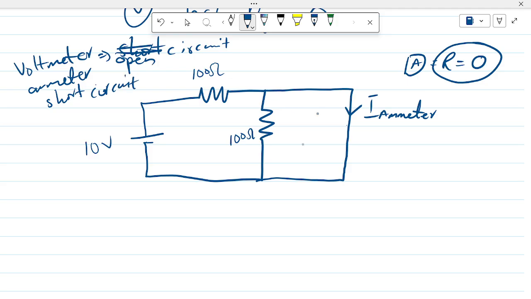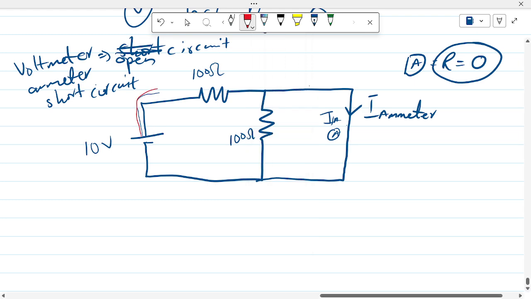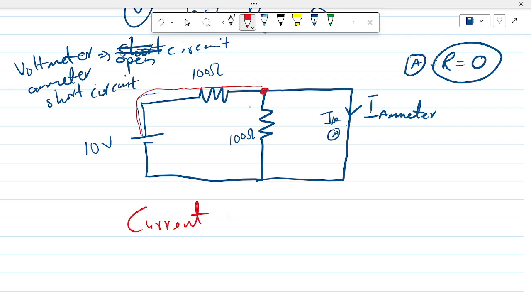Okay, so we have an ammeter connected here. How do we know the current going to flow through the ammeter? Call it IA. When the current is coming through from here, it passes through this branch, but when the current gets to this node, now we know current, like most engineers, is very lazy.